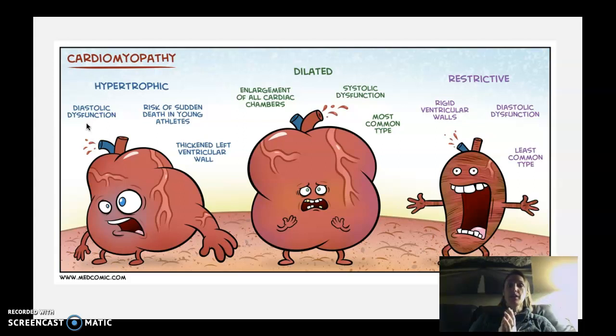Or it can be a systolic dysfunction, where it is a contracting problem, where the heart is having trouble pushing blood or ejecting blood out of the heart into the body. Some of the types of cardiomyopathies include hypertrophic, dilated, or restrictive. And we'll go into more detail with each one.